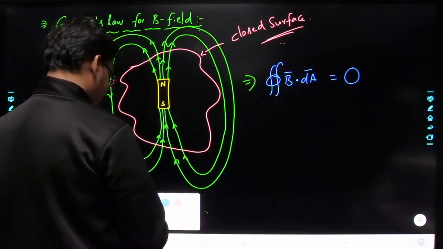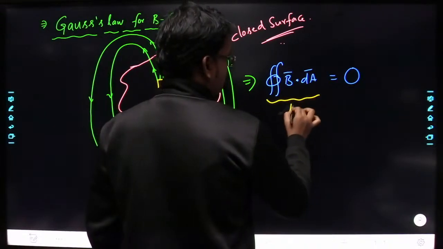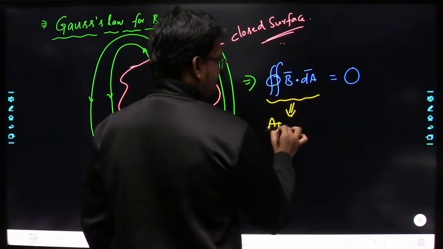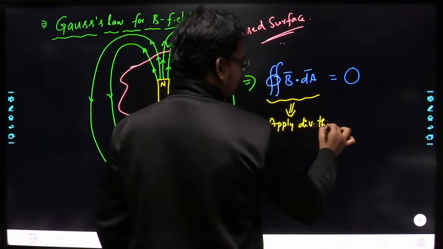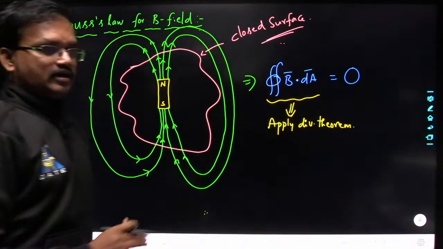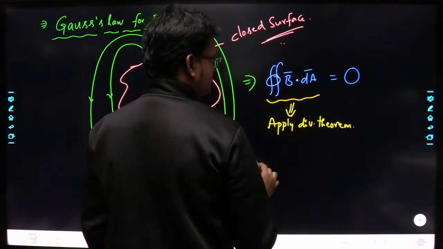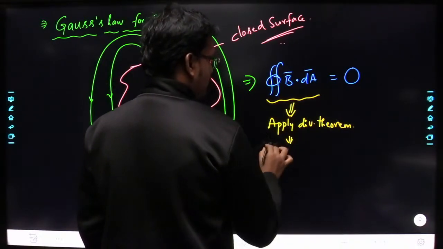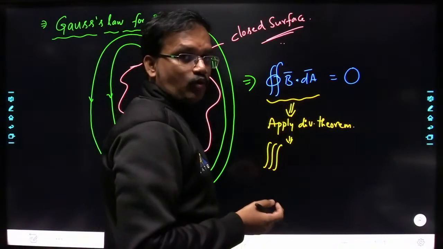Now see here, if I apply the divergence theorem for this LHS side, then I can write this as a triple integral. The closed surface integral can be converted into a volume integral.